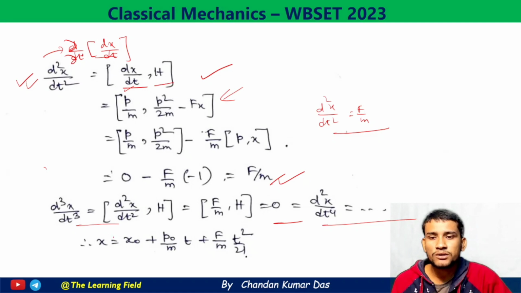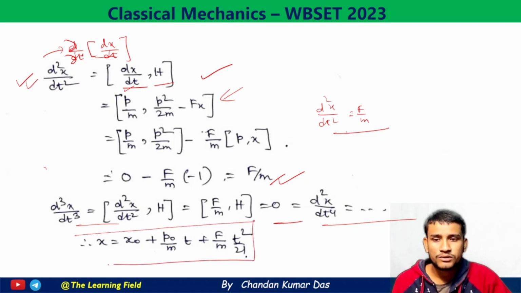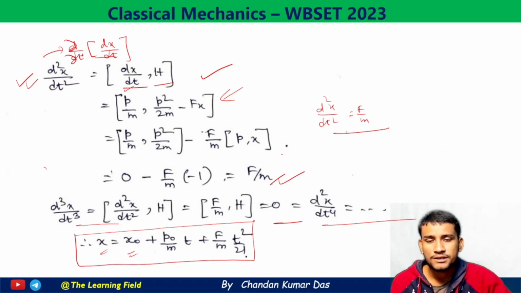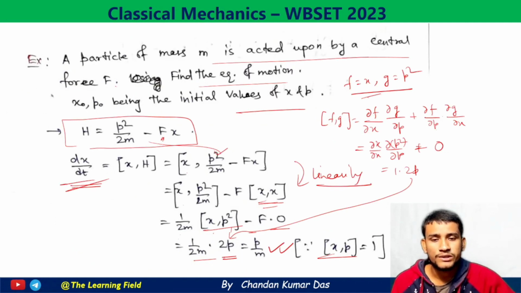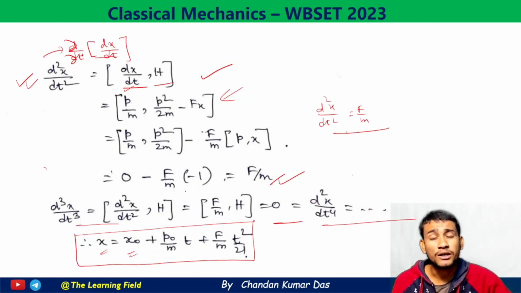So x equal to what, we write the equations like this, x equal to and p equal to, this is the calculation for x. So x equal to x0, x0 means initial term, plus p0 by m into t, since the equations of motion are based on two variables, time variable and the position variable.